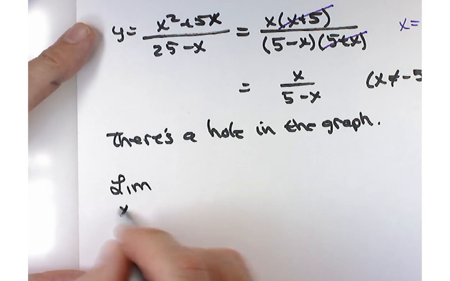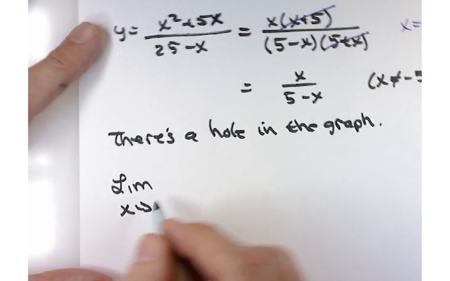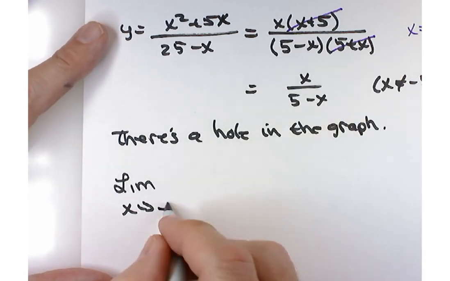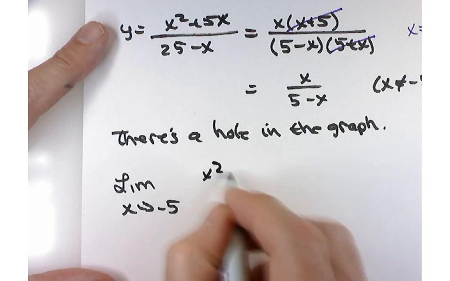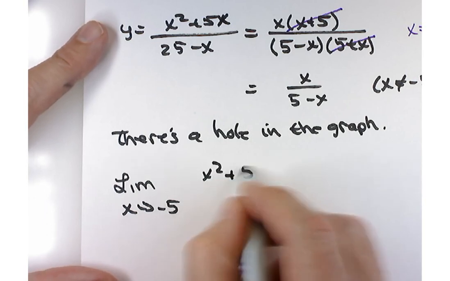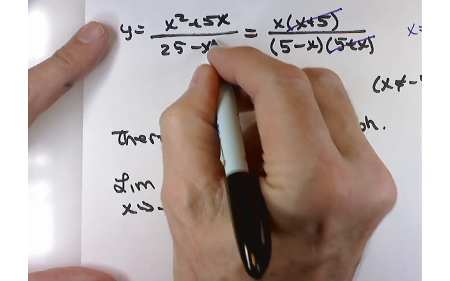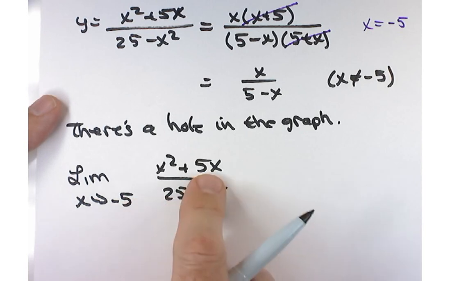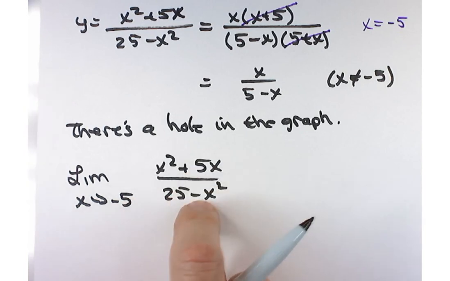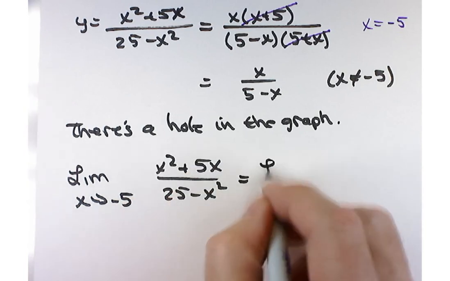Limit as x approaches -5 of x squared plus 5x over 25 minus x squared. If I try to plug in the limit, I get 0 over 0, so let's use L'Hopital's rule.